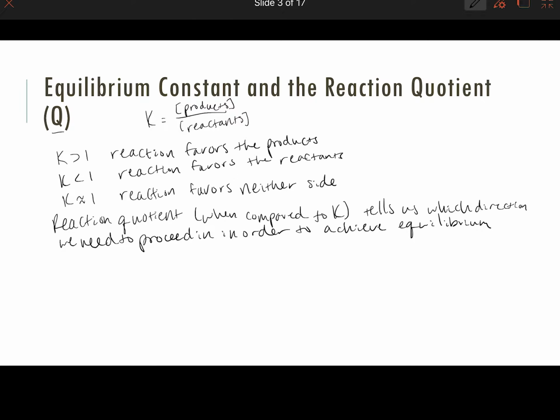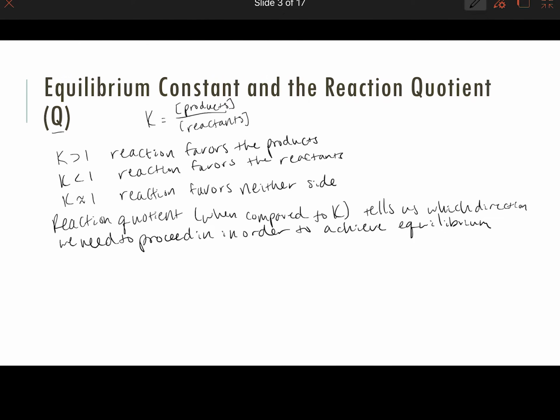Okay, so we're not really so much looking at what side of the reaction we favor. We're looking at, in comparison to our K, what do we still need to do in order to reach equilibrium.